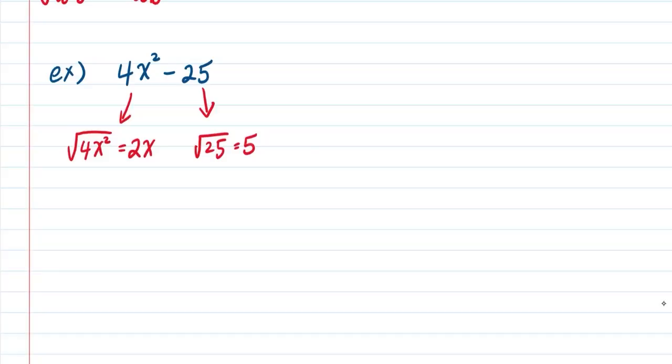So these are the terms that we're going to use in our brackets for the factored form of this expression. So it will be 2x plus 5, one with the addition. Same term, this time subtraction sign. So that's how you get the answer. Pretty easy, right? Let's try another one.